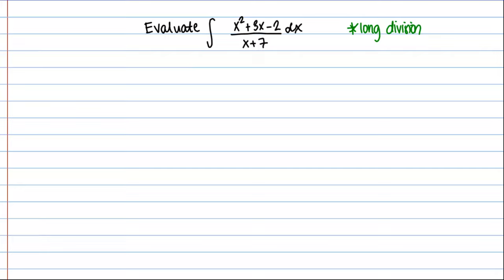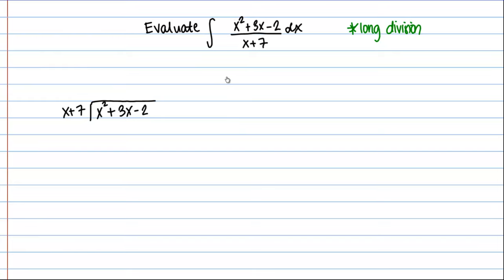And maybe then I can evaluate the integral. So it's probably been a while since you've seen long division like this. So let's work through this. So I'm taking x squared plus 3x minus 2 and I'm dividing it by x plus 7. So how does this work?